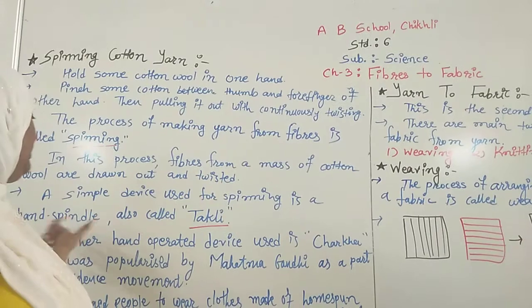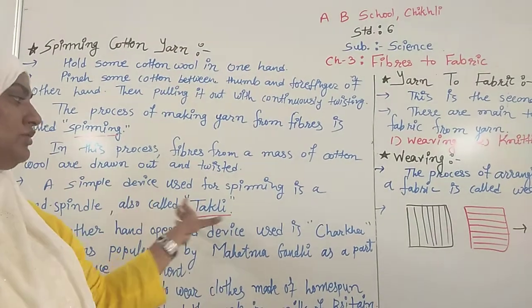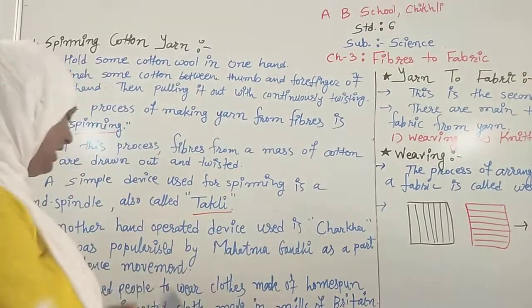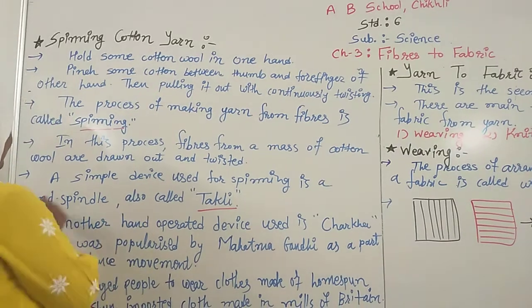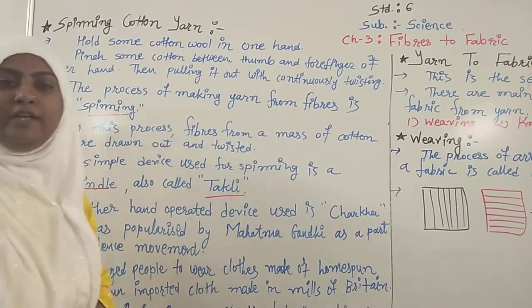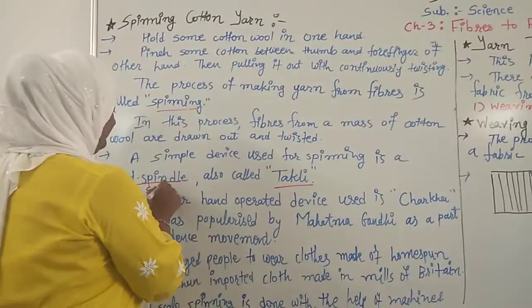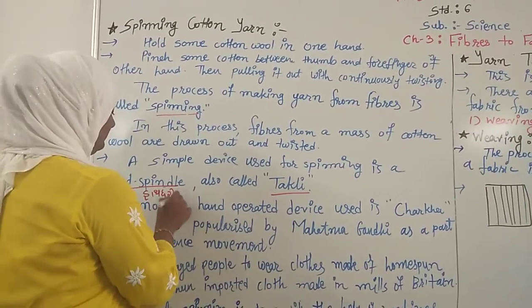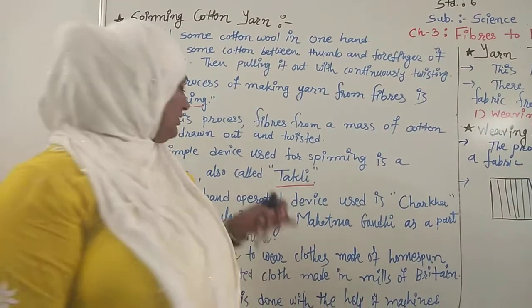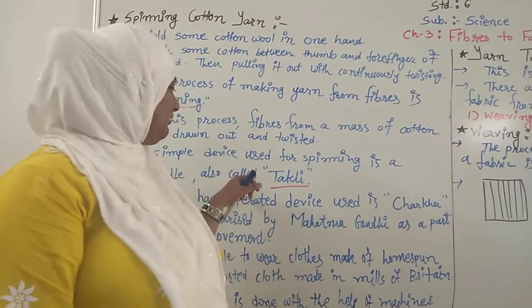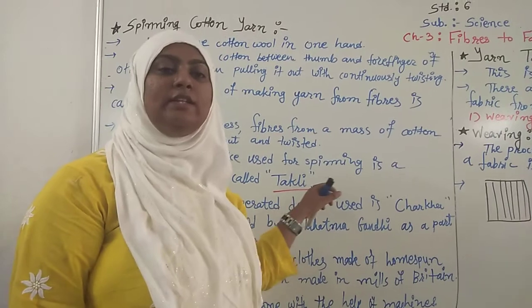The simple device used for spinning is a hand spindle, which is also known as takli.